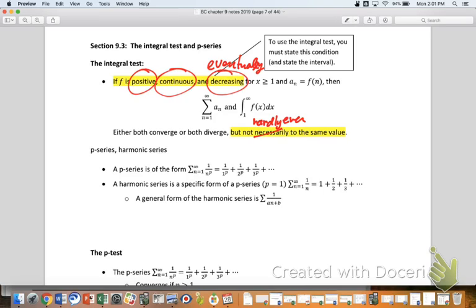Sigma from 1, and of course infinity plus 1 is just infinity, of f of x dx is less than or equal to sigma from i equals 1 to infinity of a sub i. And then of course I get the same sort of pattern going on over here, plus a sub 1.